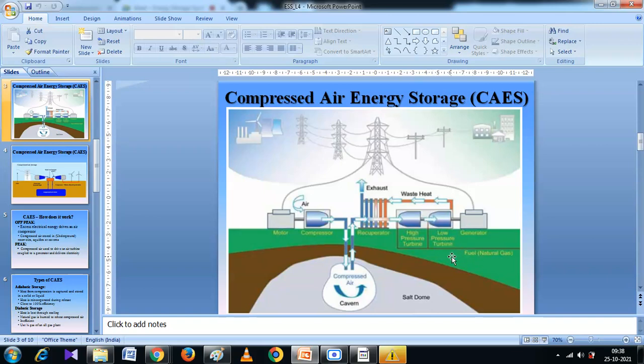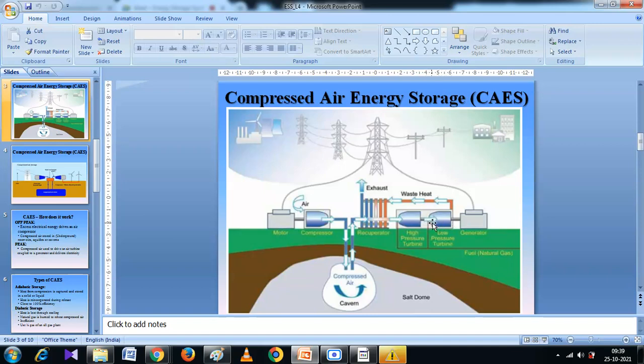So, to increase the efficiency, we have to reheat that compressed air. We burn natural gas and heat up that compressed air and also increase the pressure.